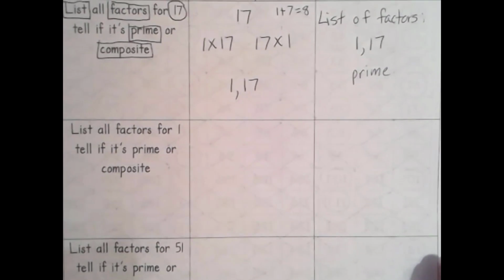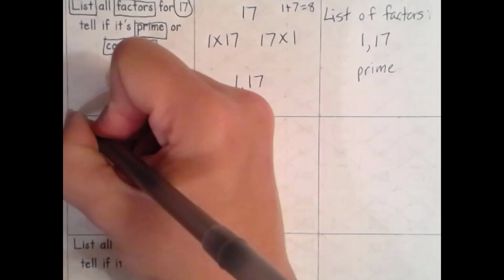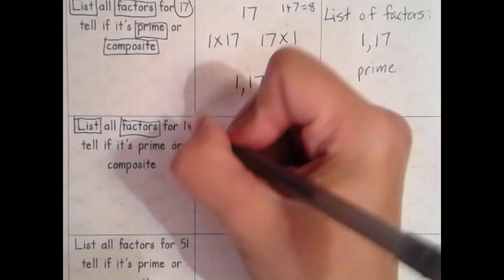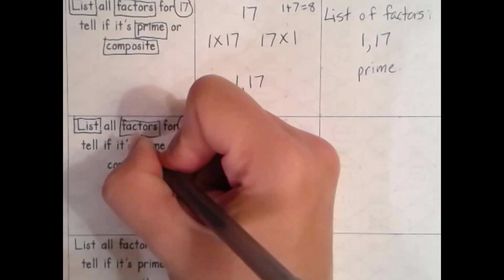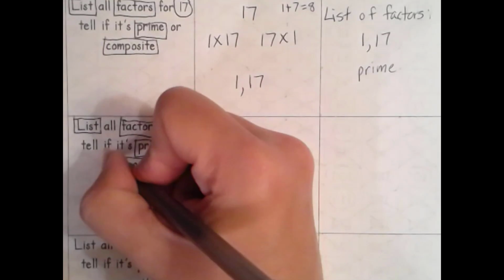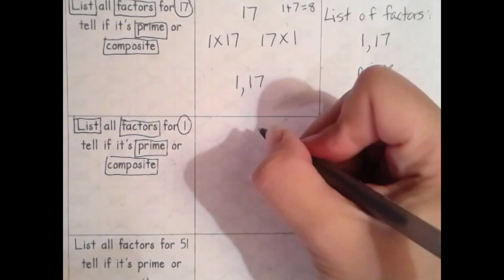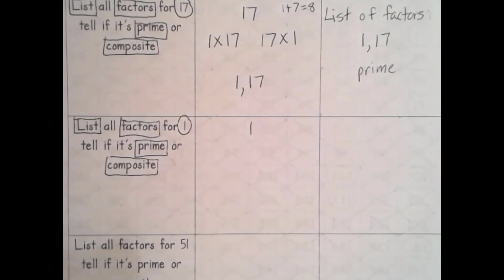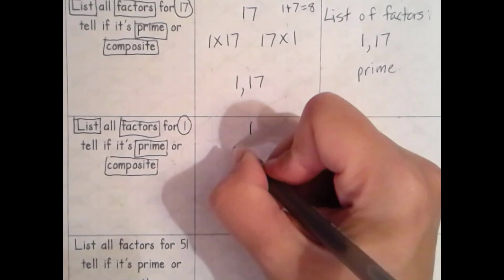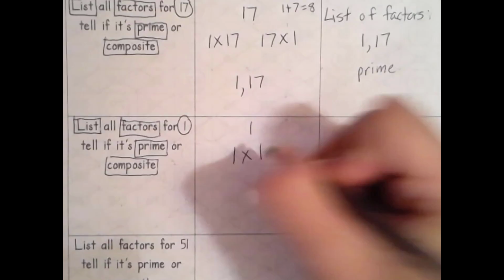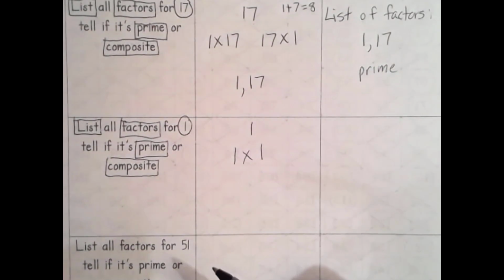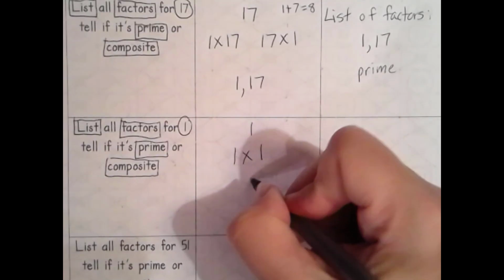Okay, next one. We're going to list all factors for 1 and tell if it's prime or composite. So 1. We know that the factors, it's 1 times the number itself, 1 times 1. There's no counting numbers between 1 and 1, so that's it. That's our factor.